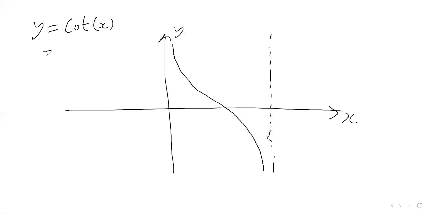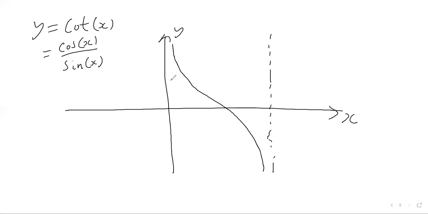I say it's the reciprocal tangent function, but really it's defined to be cos of x over sine of x. This is the true definition of the cotangent function, so the cos function divided by the sine function.